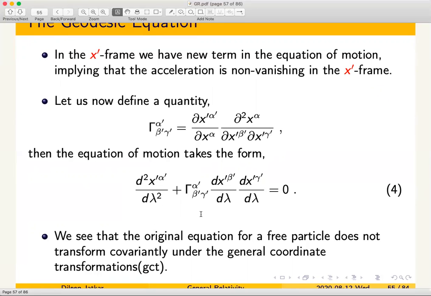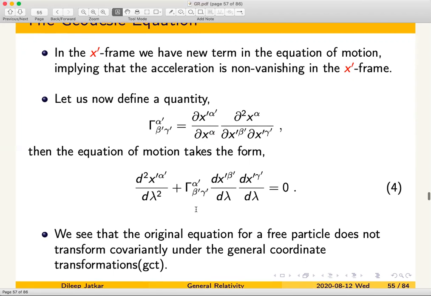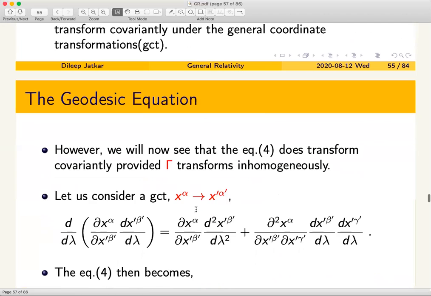And that would essentially determine how gamma would transform under general coordinate transformations. So what we did in the last lecture was to demand that equation 4 remains form invariant under arbitrary general coordinate transformation, and using that we determined how gamma transforms. That was the computation that we did.